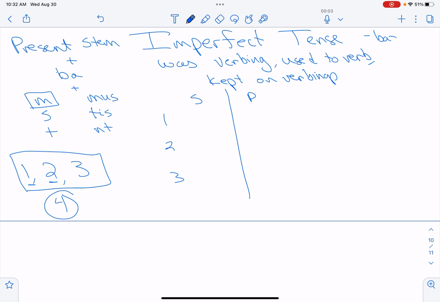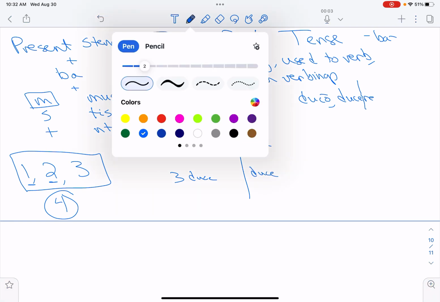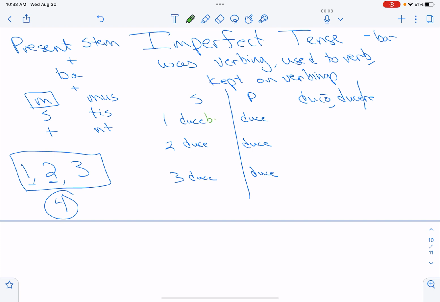Let's take the verb duco, ducere. The stem is duce, so we're going to write DUCE 6 times. We're then going to write the two letters BA.